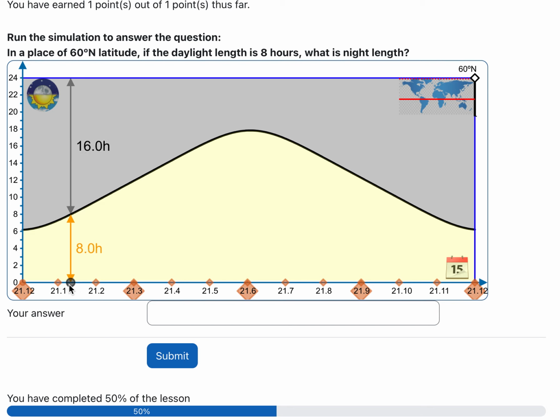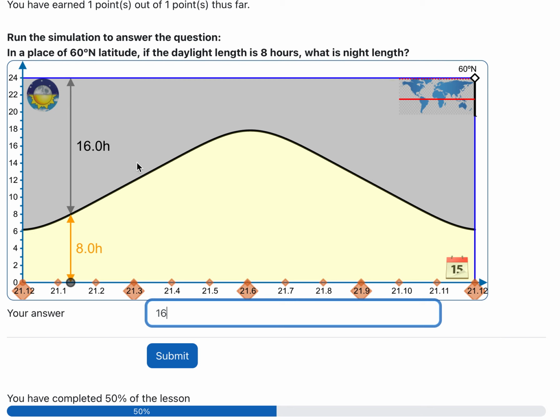We go. This is 8 hours. Then the night length is 16 hours. We put here, and then we submit and the system checks if it's okay.